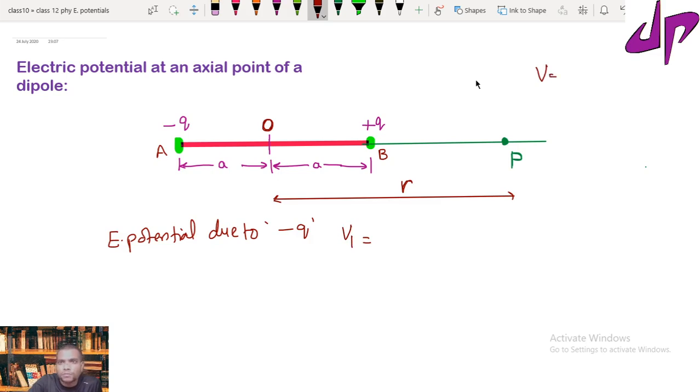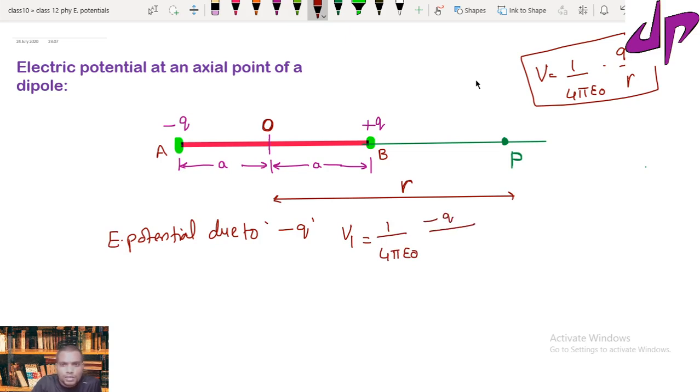Potential V equals Coulomb's constant, 1 over 4 pi epsilon naught, times charge upon the distance between the charge and the point where we need to find, r. This is the general formula for potential. Here I want to find the potential due to the minus charge. The charge is minus q, and the distance from minus q to point P I will take as AP. Let it be equation 1.